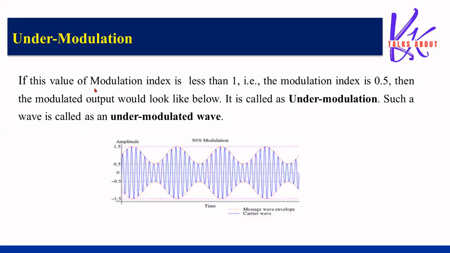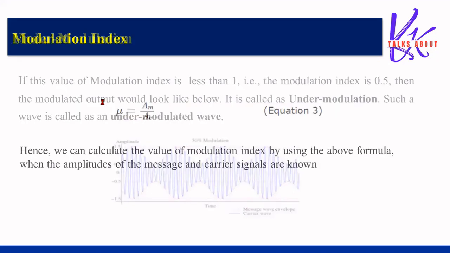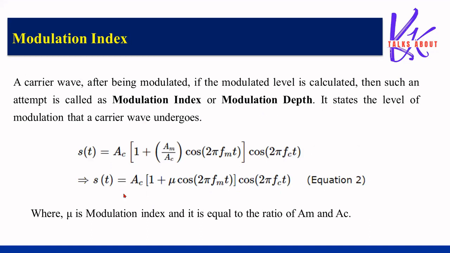As we know, the modulation equation, as we have seen just now, is s of t equals Ac into 1 plus mu cos 2 pi fm t, and cos of 2 pi fc t. With this equation, let us see what happens if the modulation index is less than 1.